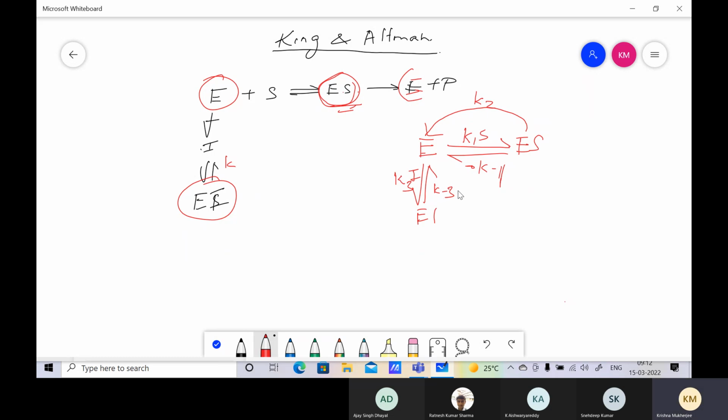Okay, and then you can write the basic formation equations. So E will form by various mechanisms, right? How will it form? Can you tell me? So E has the following. This is forming it, this is forming it, and this is forming it.